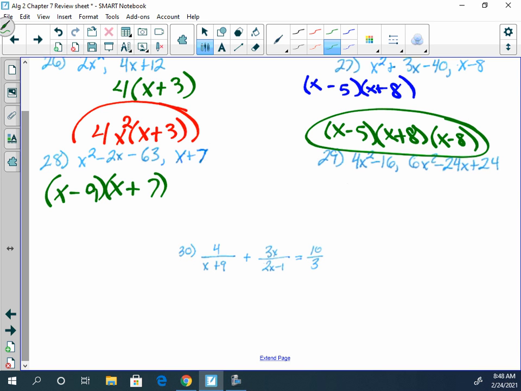The 9 is going to be negative, and the 7 would be positive. Okay. So I know I'm going to need an x minus 9 and x plus 7 for the least common multiple, because I'm just pulling them from the first one. Okay, and our other one was x plus 7. We already have it, don't we?